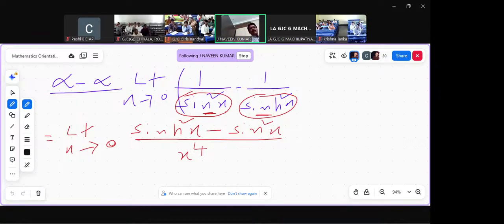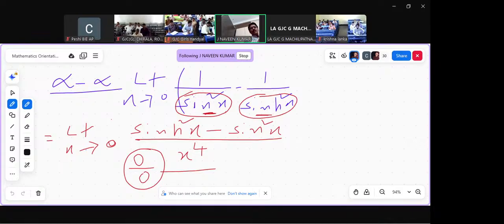This is a little tough question, because if you substitute 0 in the given function, it will be in the form of 0 by 0. Here the problem is how many times we need to apply this L'Hospital rule for this function.